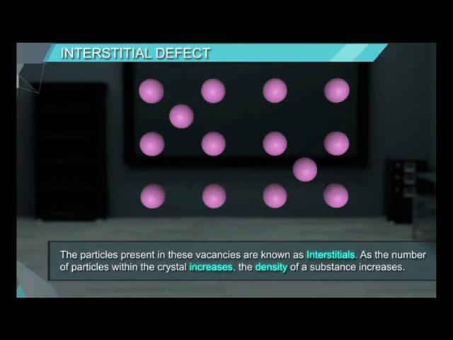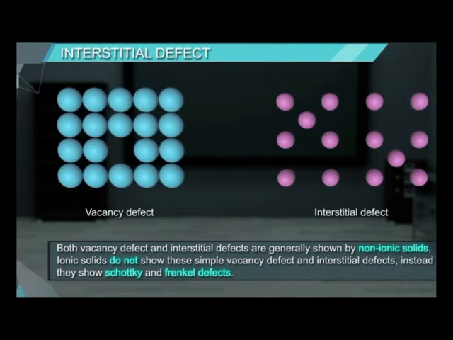As the number of particles within the crystal increases, the density of the substance increases. Both vacancy defect and interstitial defect are generally shown by non-ionic solids. Ionic solids do not show these simple vacancy and interstitial defects. Instead, they show Schottky and Frenkel defects.